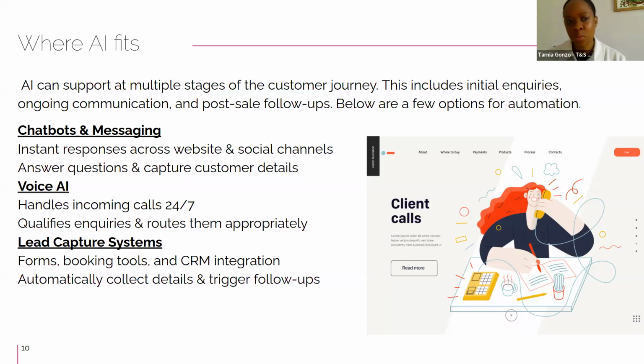You could also do voice AI, which could handle your calls 24/7 and qualify inquiries and route them for you. And then you could also think about lead capture systems that could automatically collect details and trigger follow-ups and start that automation workflow that we briefly talked about last week with Zapier or Make.